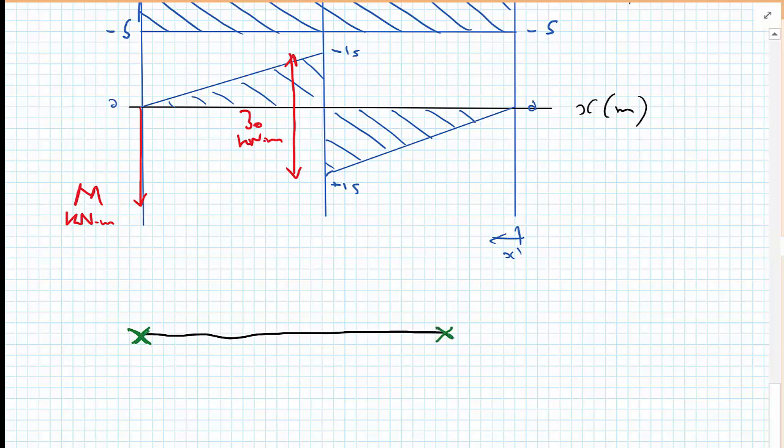We know at the right hand side we have a support condition, beam cannot move up or down, and as a result of the applied clockwise moment at the center, we expect our beam to twist round. And using this bit of information, we can then draw the sketch of the deflected shape.